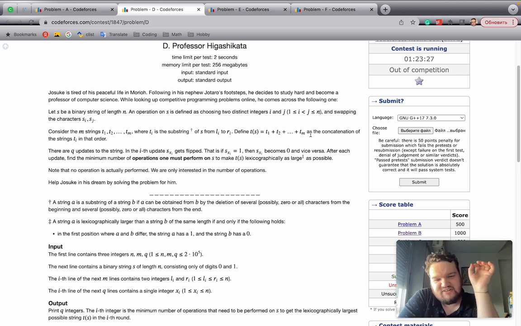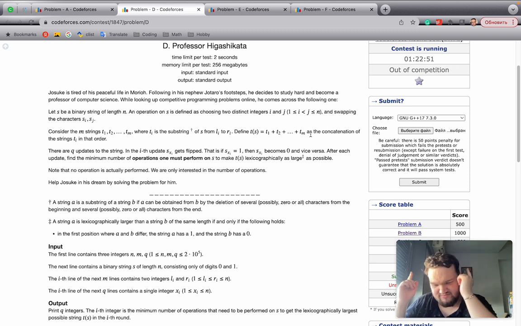Now, what if we have positions that we do not care about at all? Then we want to put as many ones as possible, and on all other positions we want to put zeros. So okay, if the number of ones that we have is not greater than the number of positions that we care about, then it's the same.